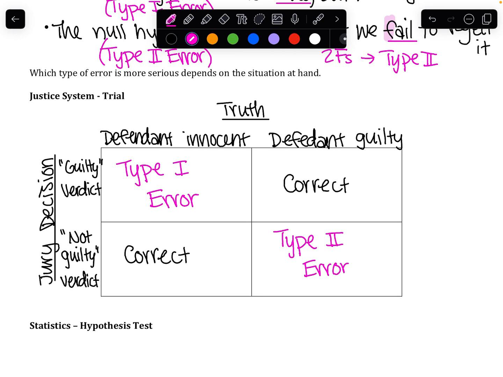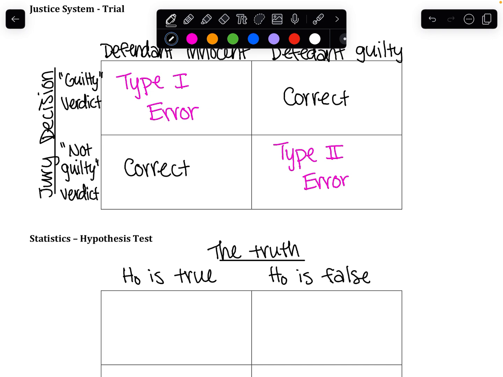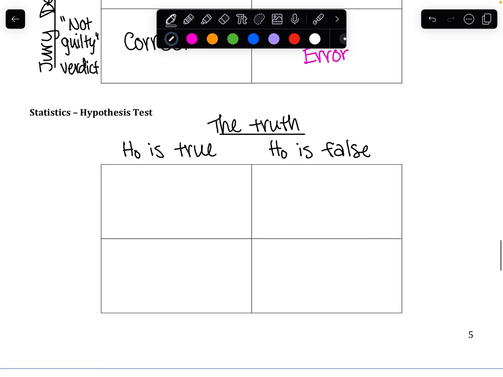So our hypothesis test works the same way. We have the truth. Either the null hypothesis is true or it's false. Are we going to know for sure? No. What are the decisions we can make? Well, we can reject the null hypothesis, or we can fail to reject the null hypothesis.